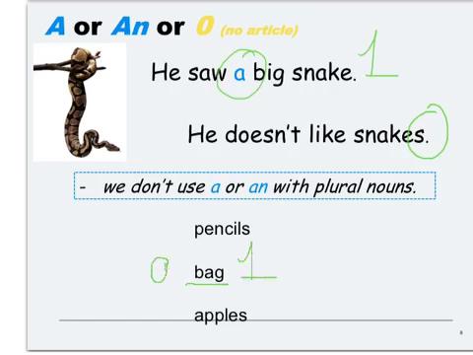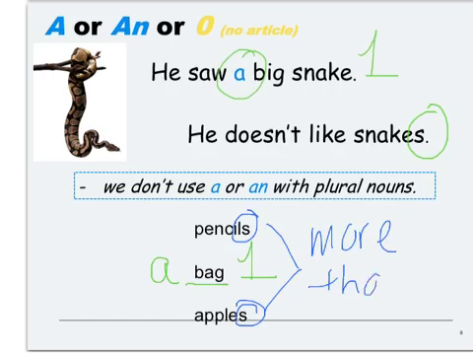We say a bag. For pencils and apples, we don't use a or an because there is more than one. We also don't use a or an with uncountable nouns such as pasta and sugar.